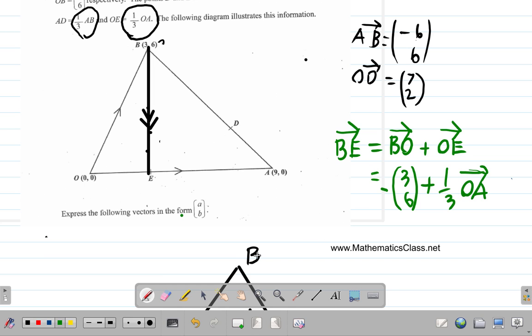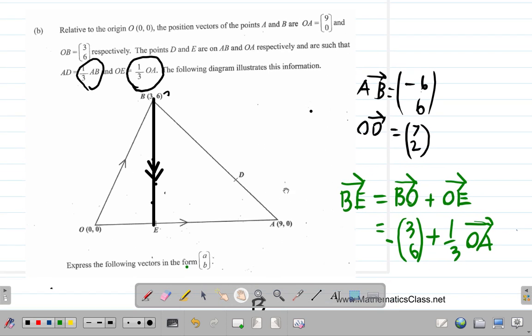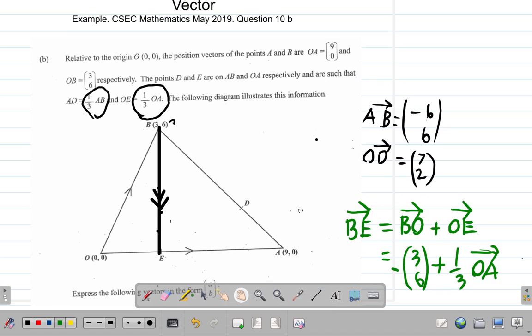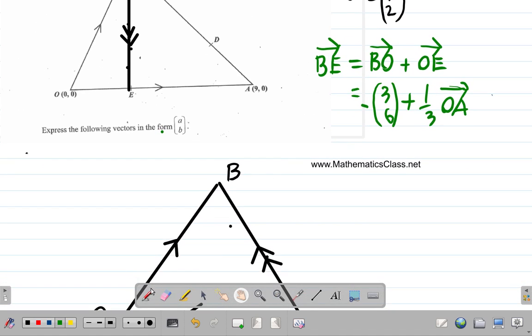But what was OA again? OA was 90. So BE is equal to BO. We can have the negative multiply each term inside the brackets. It's like -1 multiply everything.